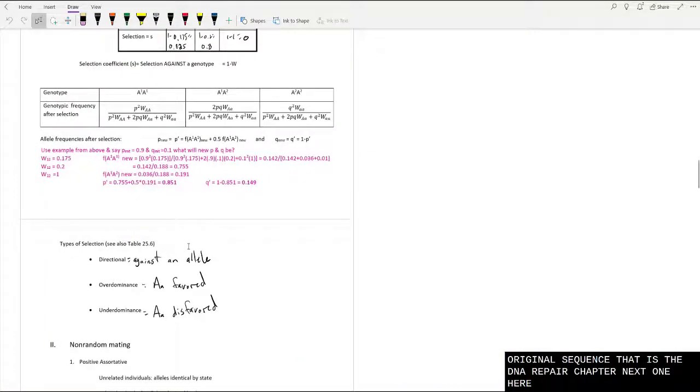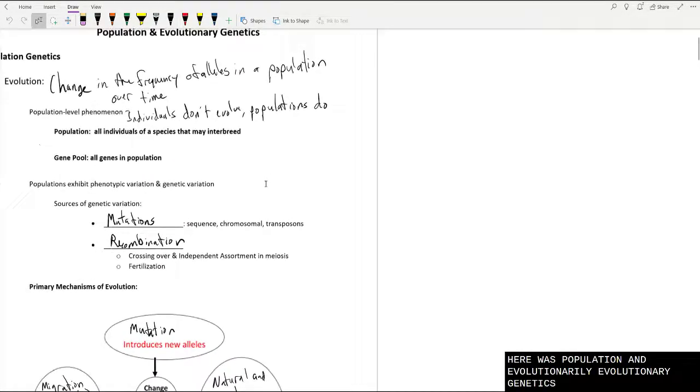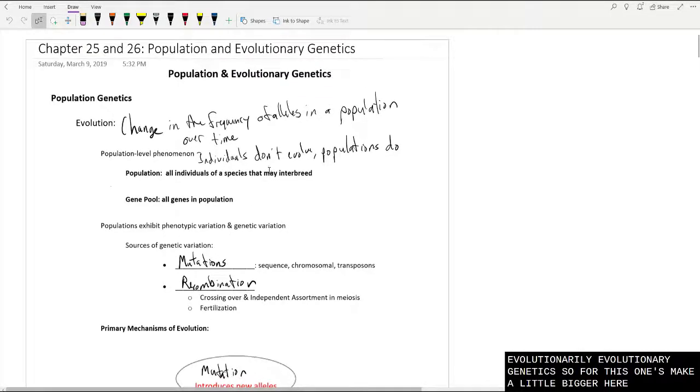Next one here was population and evolutionary genetics. For this one, let's make it a little bigger here. Remember, evolution is the change in genetics in a group of organisms, not an individual, or not in any cell.